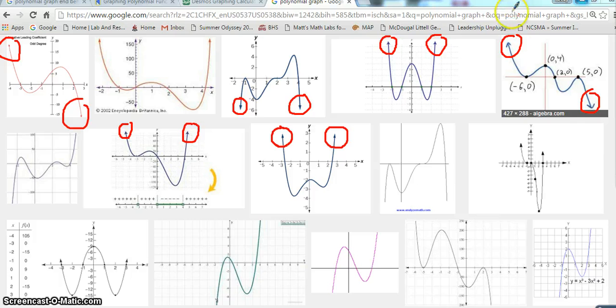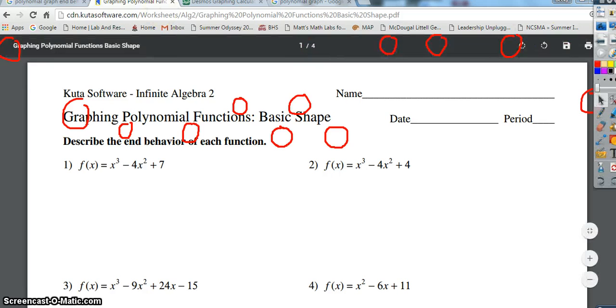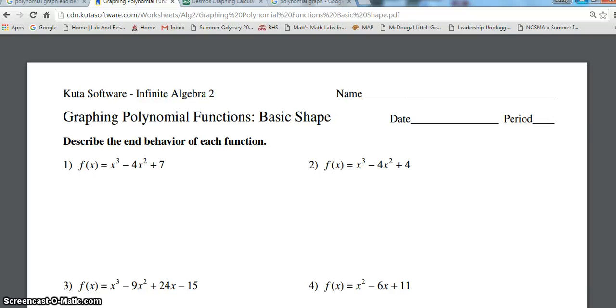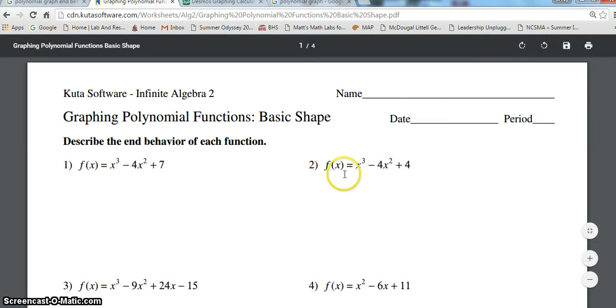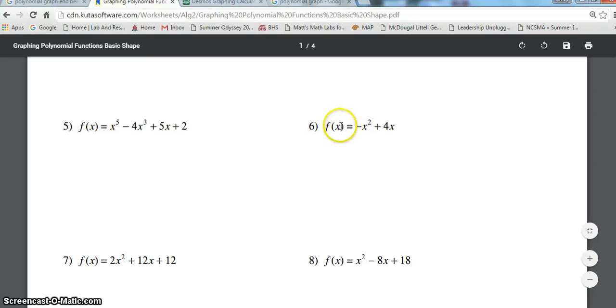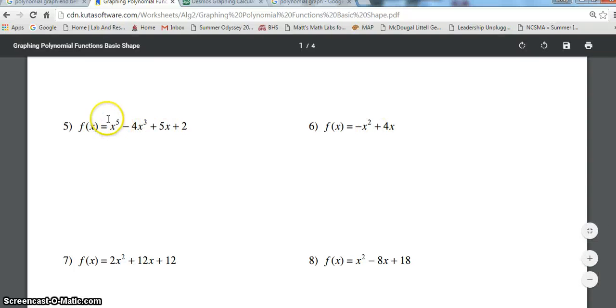The other thing is that you are usually asked, or sometimes asked, very often asked, to tell what's happening without being able to look at the graph, just looking, for instance, at the equations. So I look at the equation and I'm supposed to be able to tell just from looking at, for instance, this equation, which direction the ends are going to point. Or looking at this equation, which direction the ends are going to point.